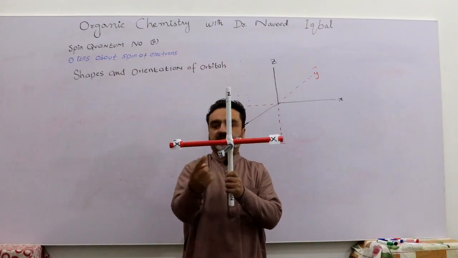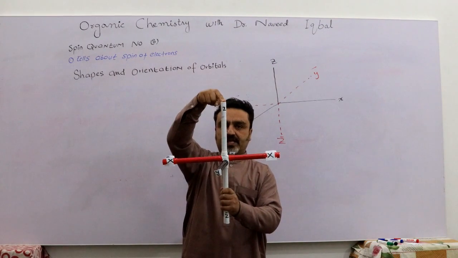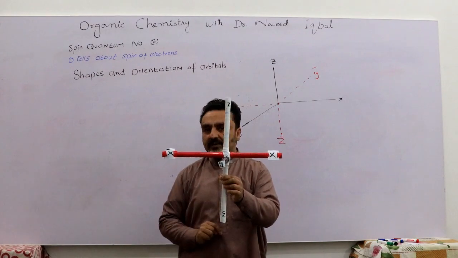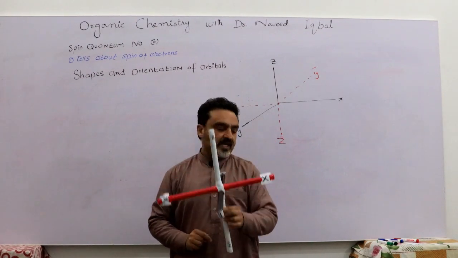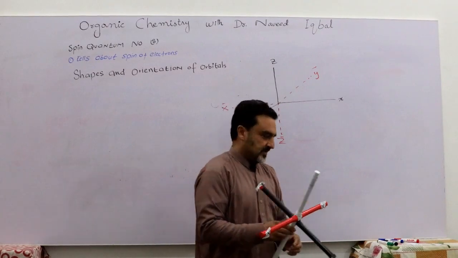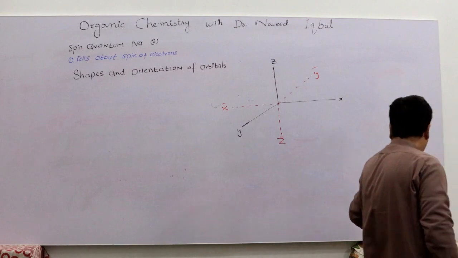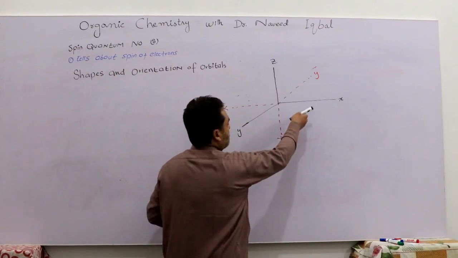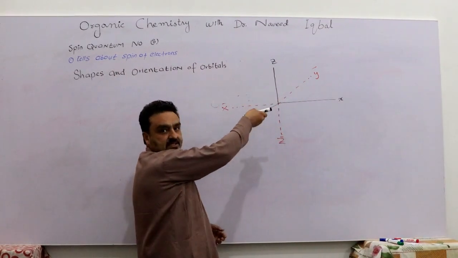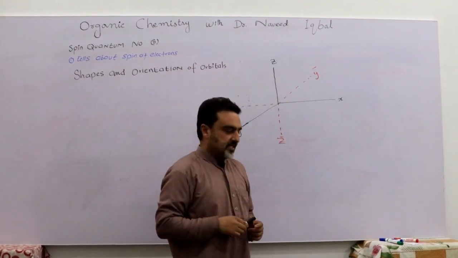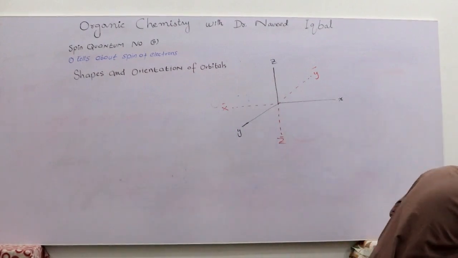So this is x, this is minus x, this is z, and this is minus z, this is y, and that is minus y. Is it clear? It might be clear or not, but I have tried and you need to appreciate it. So let me tell you about the px, py, pz orbitals. The px orbital lies on the x-axis, py on the y-axis and pz on the z-axis.